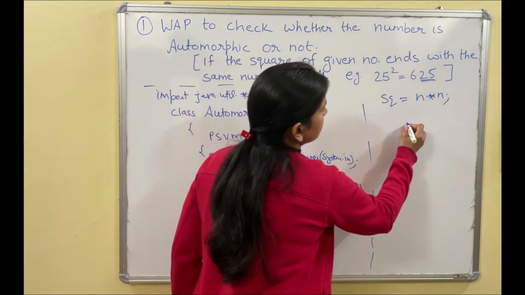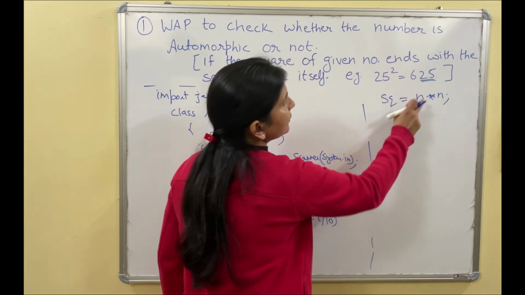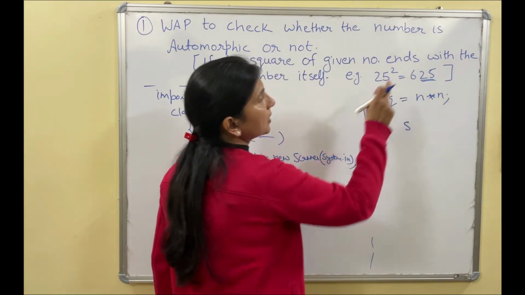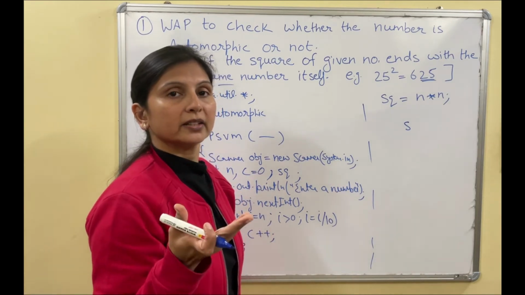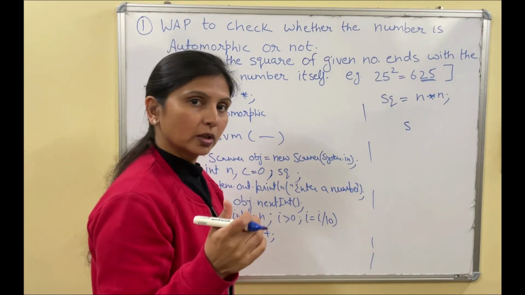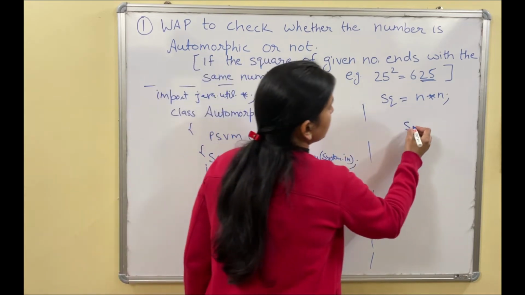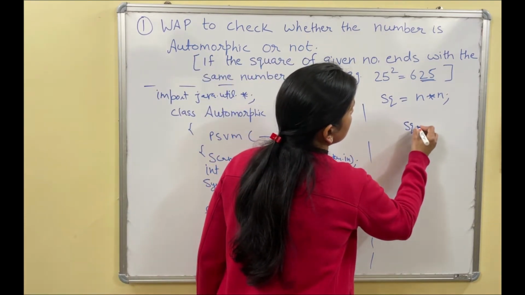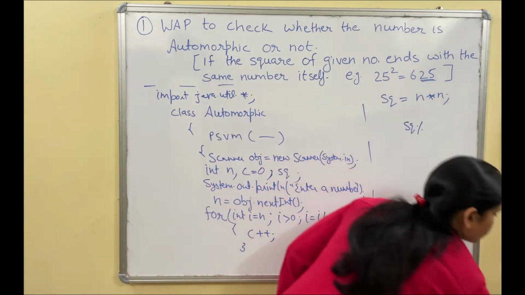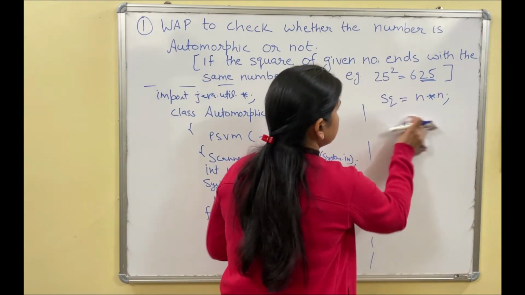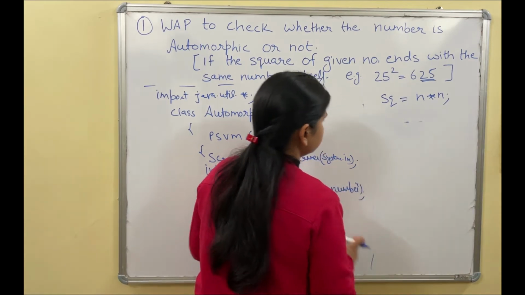Now what we have to do is divide this square by 100 to get the remainder, and to get the remainder, which sign do we use? The modulus operator. So we will use sq mod. Now there is no space, so I am writing a little bit here.